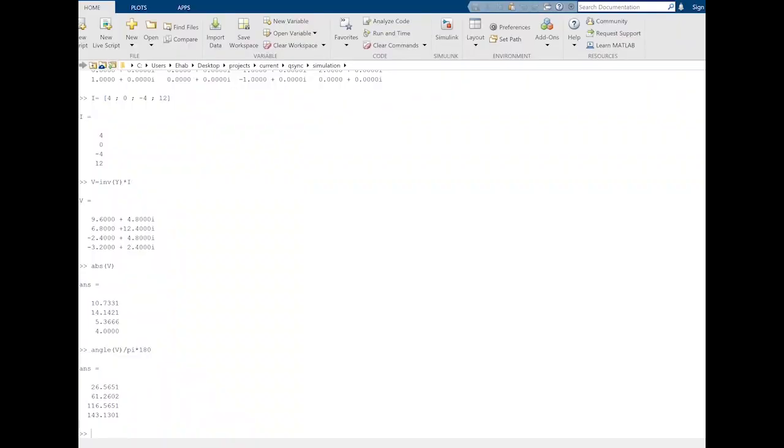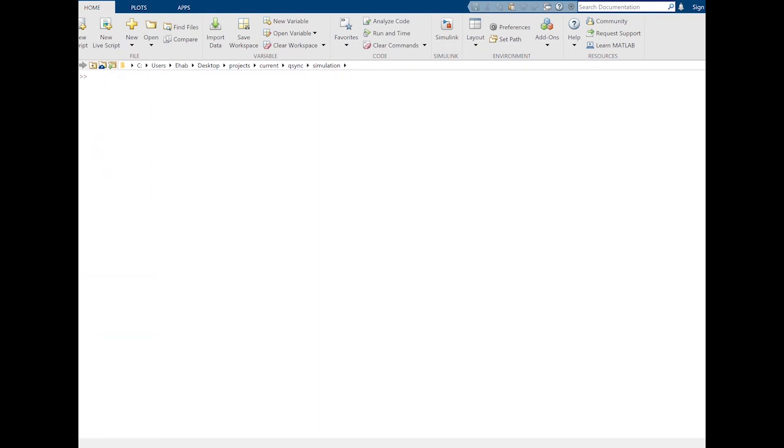All right, let me clear the command prompt, and then let's put in the matrices. So we have Z equals 1 minus j, 0, minus 1. Next row, 0, 1, minus 2, and then the third row, which is 0, minus j, 2 plus j.